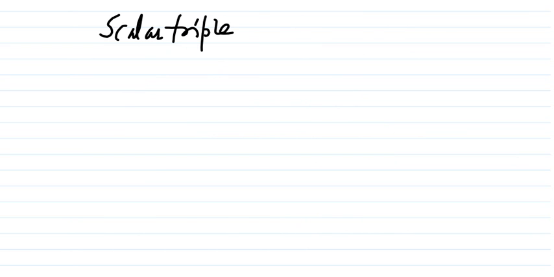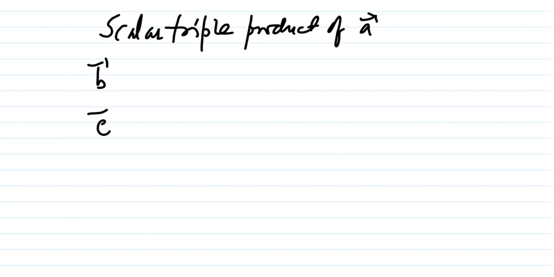So first of all we will discuss the scalar triple product of three vectors A, B and C. So you can say A is equal to A1 I cap plus A2 J cap plus A3 K cap.